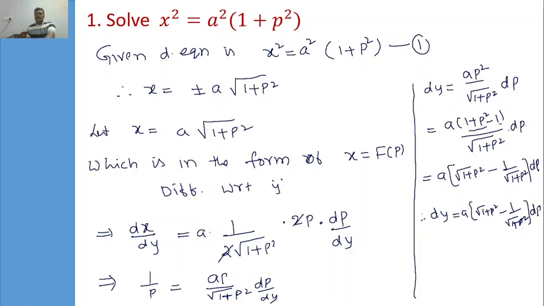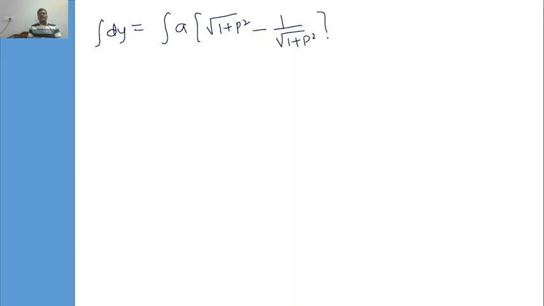Now, integrate. Integral of dy equal to integral of a times square root of 1 plus p square minus 1 by square root of 1 plus p square into dp plus c. c is the arbitrary constant. Integration of dy equal to y.